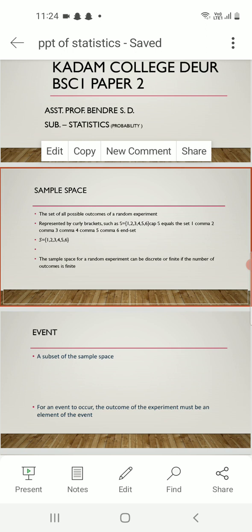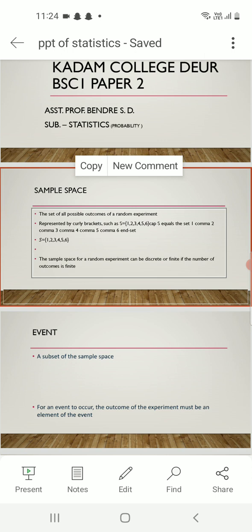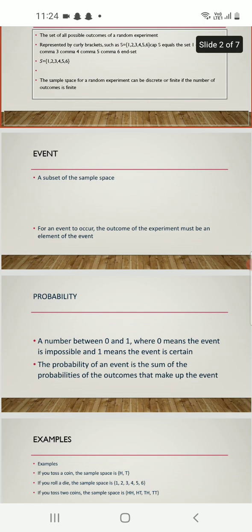In that we get the sample space S equal to 1 or 2 or 3 or 4 or 5 or 6. All these 6 points are sample points, and the set of all the results is called the sample space. Understand?